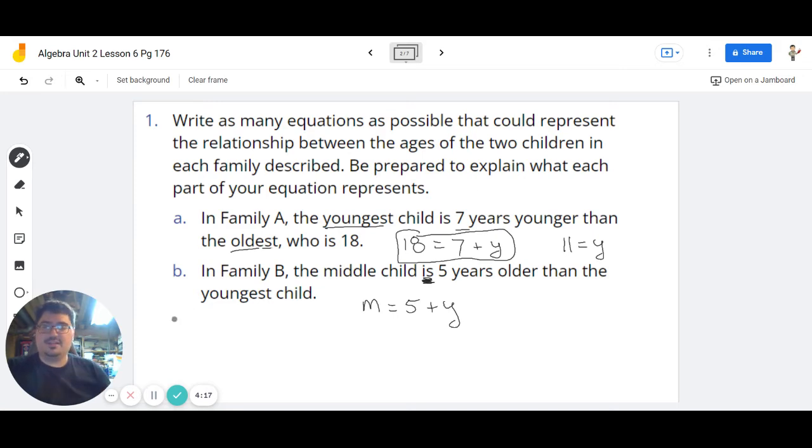Is means an equal sign. So whenever we see that, we should think there's an 80-90% chance that we're using an equal sign. So the middle child is 5 years older or more than the youngest child. Why? Cool.